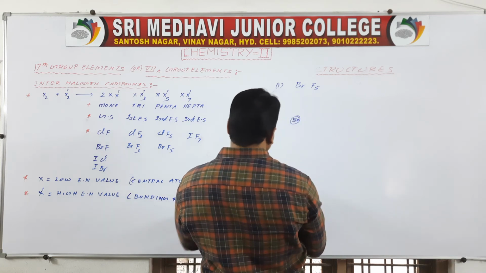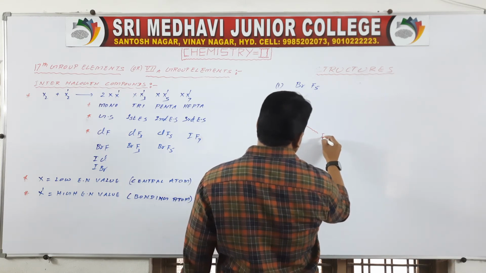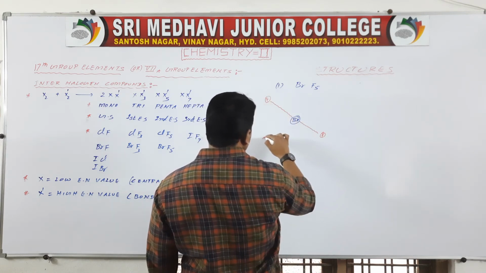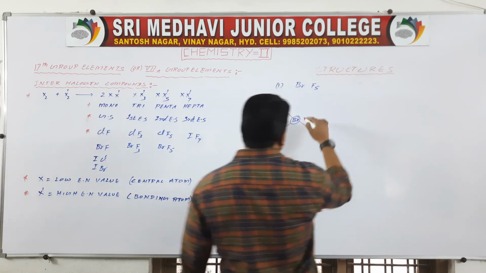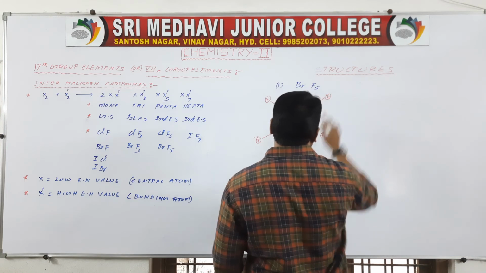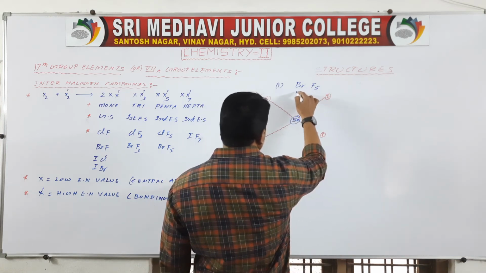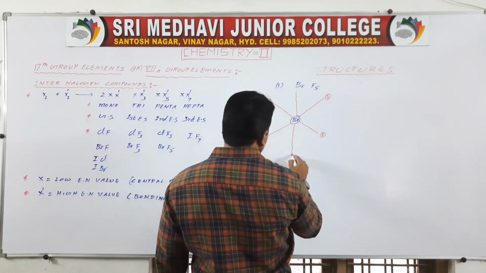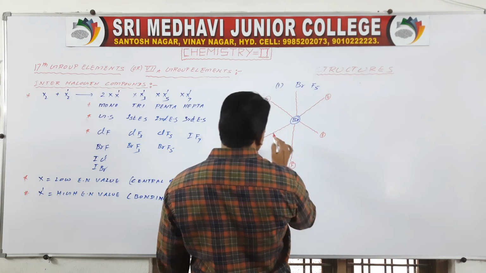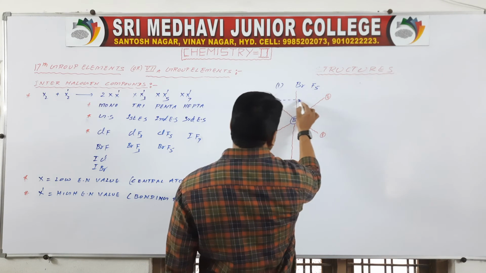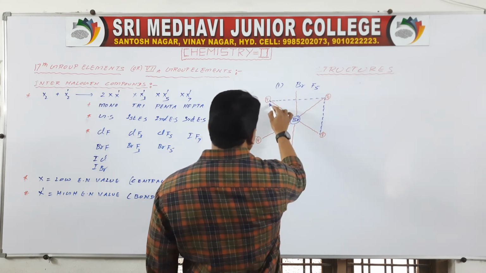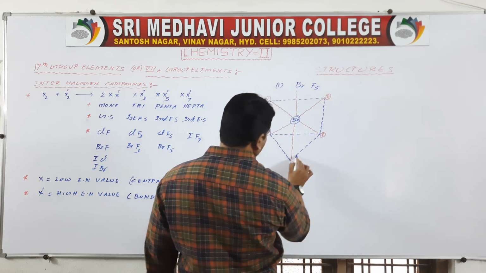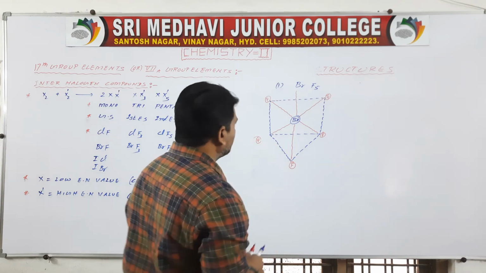Bromine is the central atom and it is bonded to fluorine atoms. So this is the structure of this molecule.